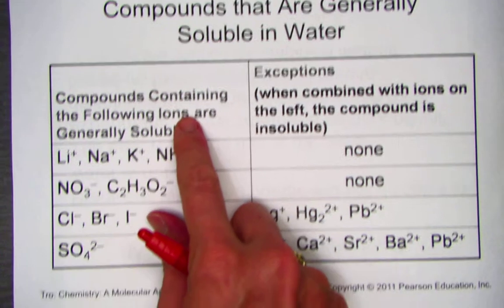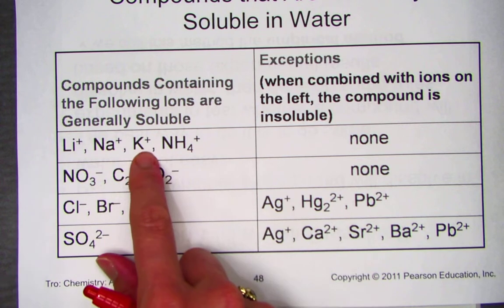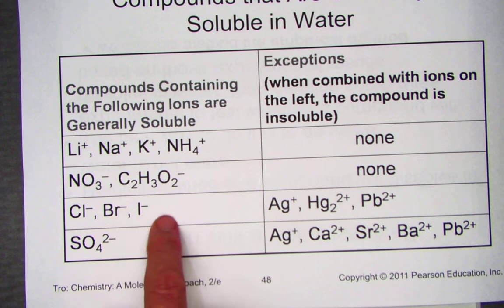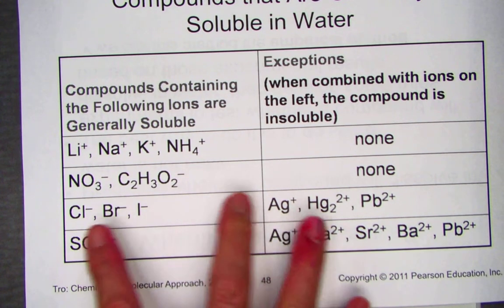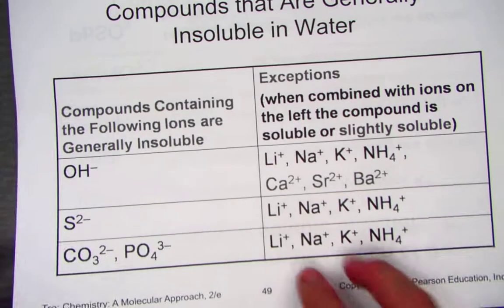Some general rules say these positive ions, lithium, sodium, potassium, those are called alkali metals, are always soluble. Nitrates and acetates, chloride, bromide, iodide, and sulfates, they're just giving us some general rules of what is soluble in water. And there are several slides in a row that go through and describe for us solubility tables.